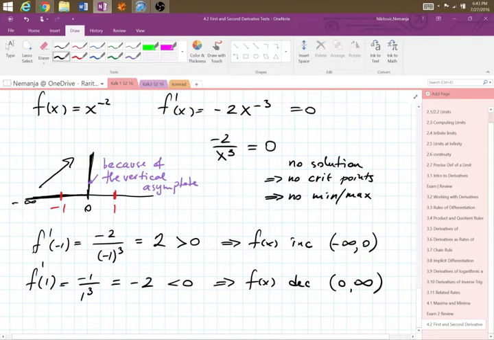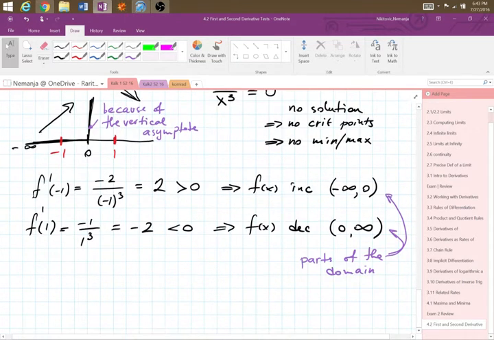Now, I'm just going to point to these two parts of the domain, and we'll have decrease. Observe that we do not have a maximum. There's no maximum because it's a vertical asymptote there. So you can't have a point along the vertical asymptote.